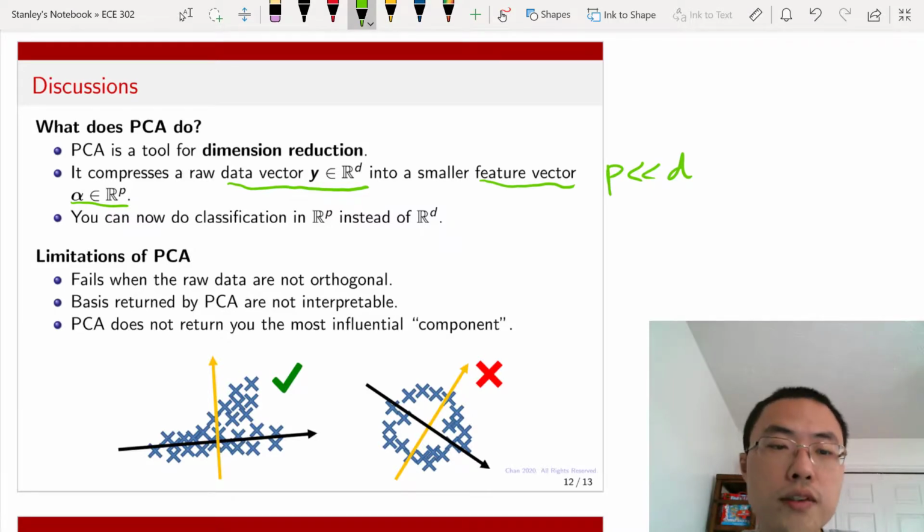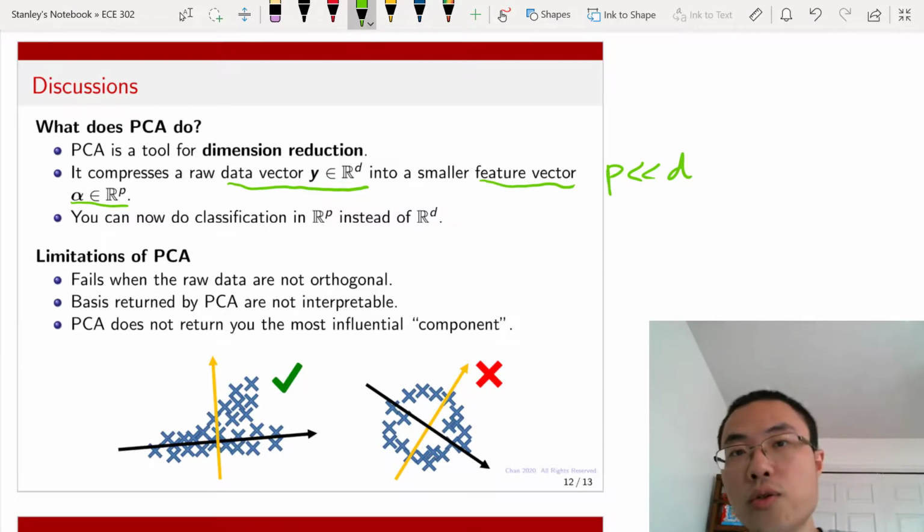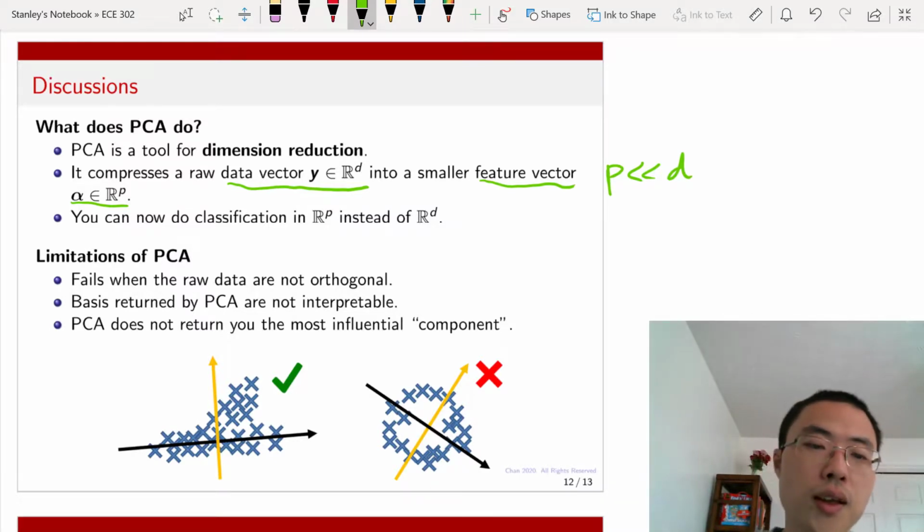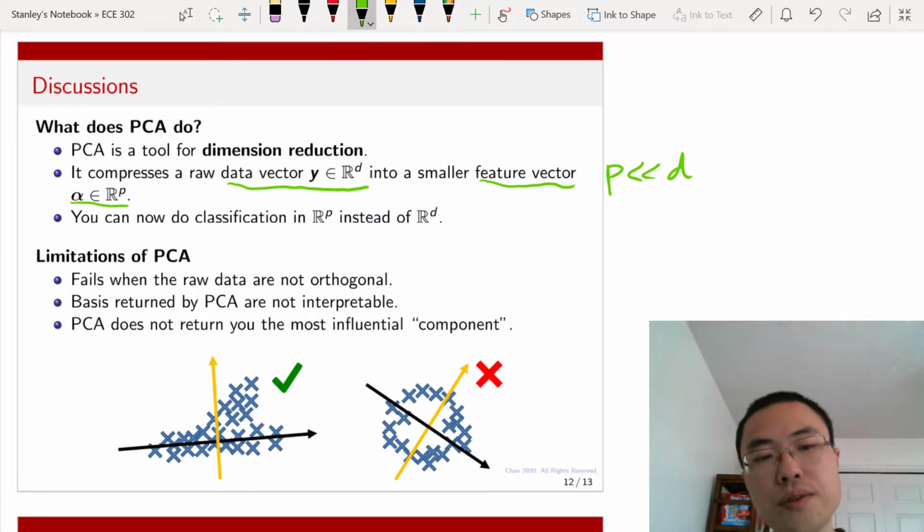The whole idea of PCA, as I have been emphasizing over and over, is to run the eigen decomposition of the covariance matrix. And then the rest is just to project your observation vector y onto the space spanned by these eigenvectors. There are limitations of PCA.